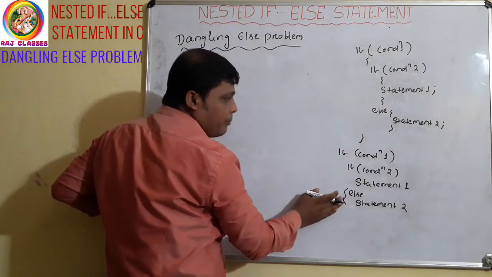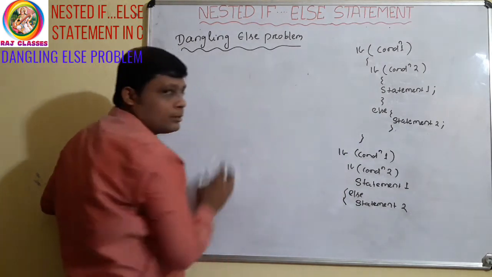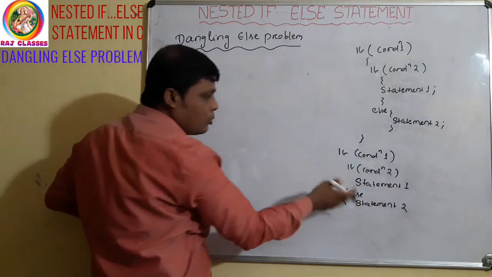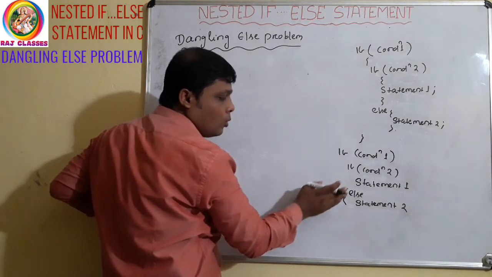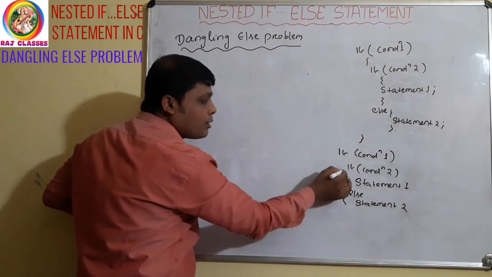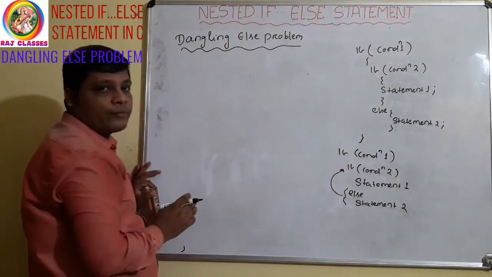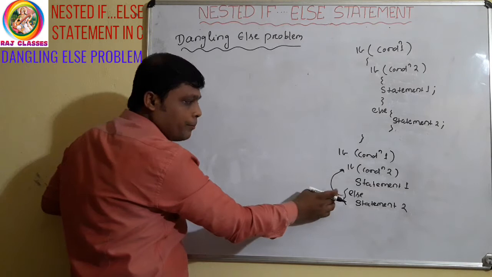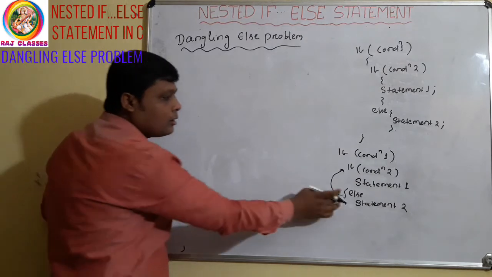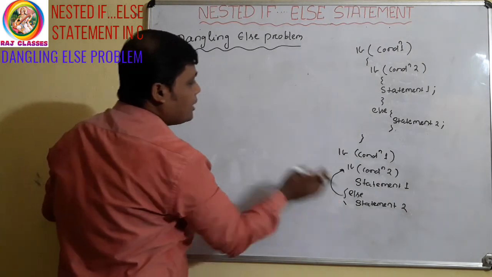To avoid this problem, you write the program in proper order. You write the nested if else in proper order. Otherwise, the system will always pair this else with the nearer if, not with the other if. Understood?